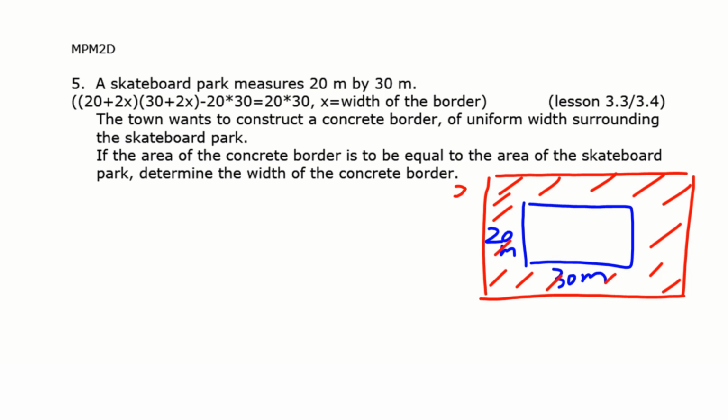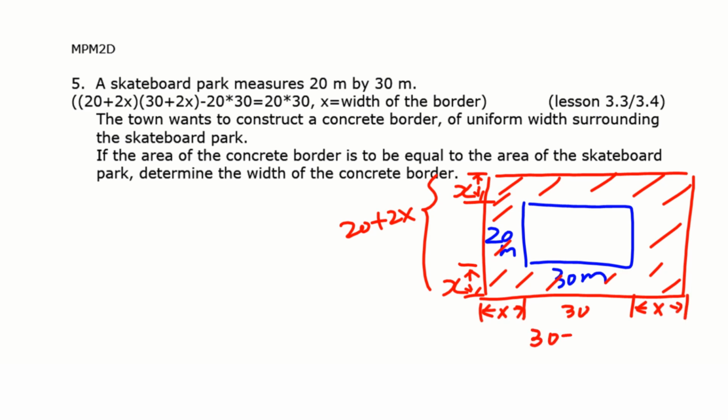So we let the width of this concrete be x, so the new width will be 20 plus x, x plus 20 plus x. So it's from here to here is x. Then 20 plus 2x. And this side is x, x, 30, x, x, so you have 30 plus 2x.